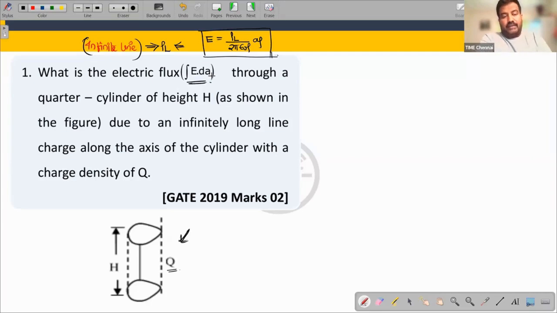So basically, we are interested in solving the integral E dot dA. To solve that, first you should find E and also you should customize the limits wherever it is required. This is what exactly I was talking about. You know the concept, but you should know how to apply this given a situation.